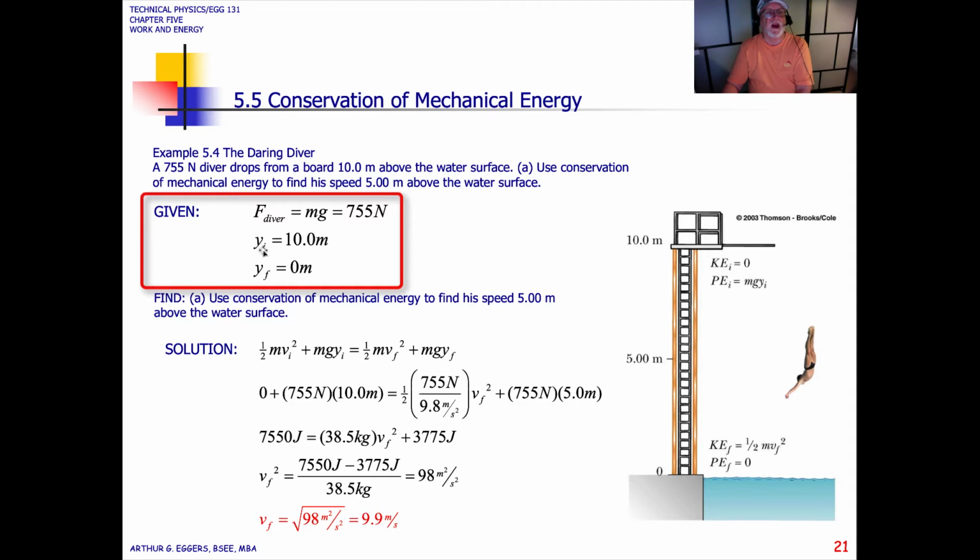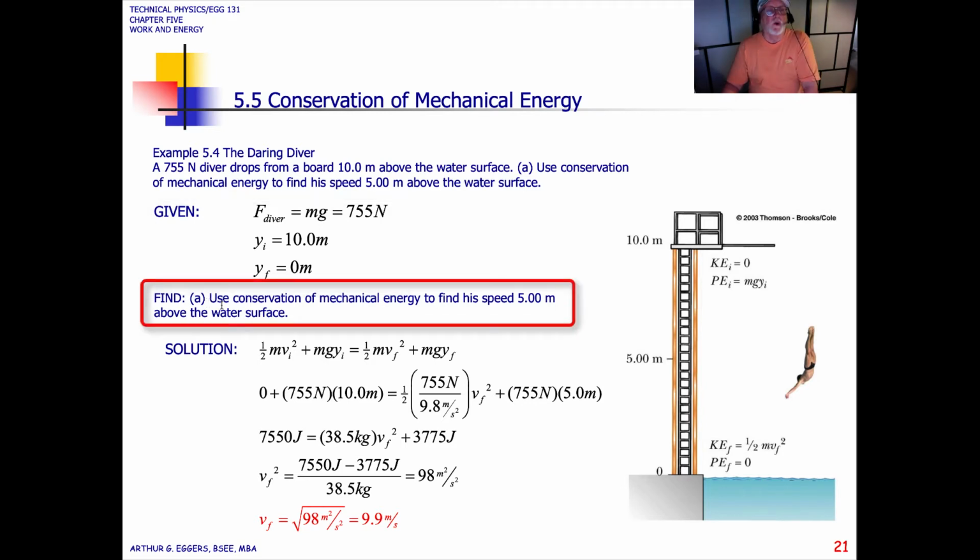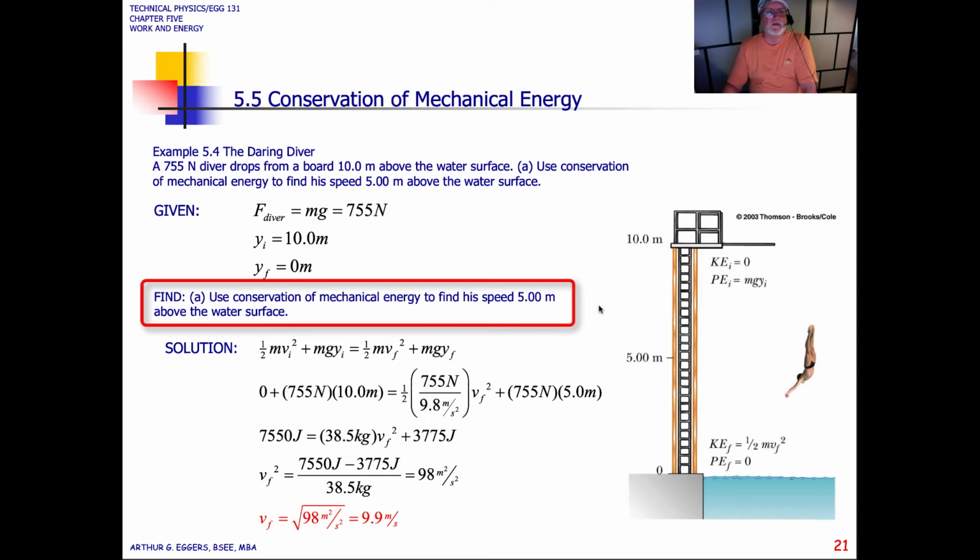The initial height is given as 10 meters, and the final value of the problem would be 0 meters. But we're going to stop his speed 5 meters above the water surface. So we need to look at those. We're going to use conservation of mechanical energy to find his speed 5 meters above the water surface.